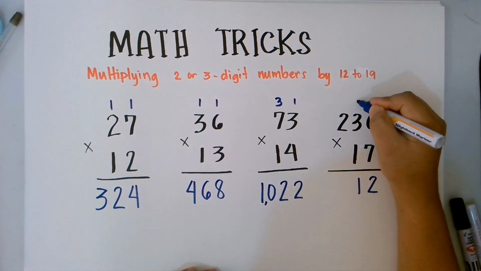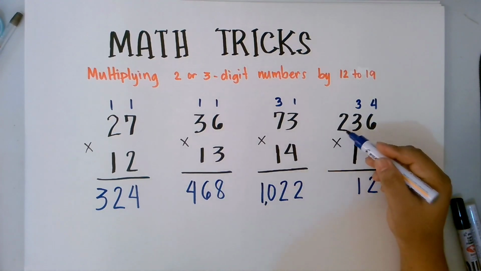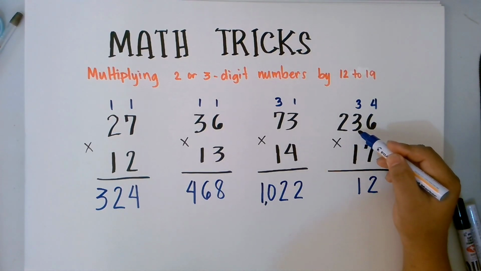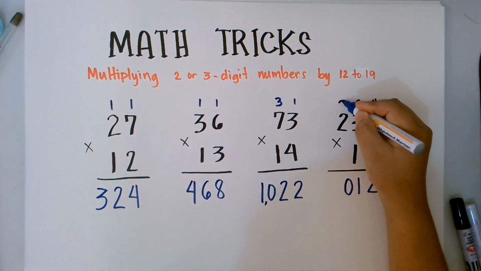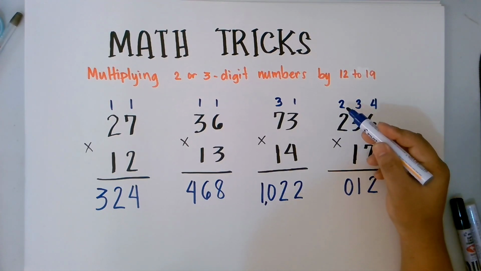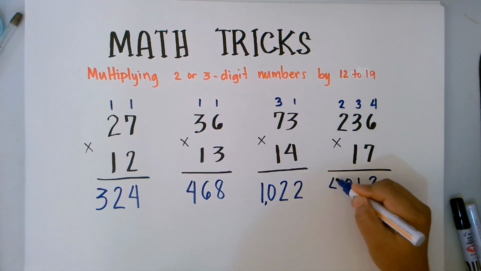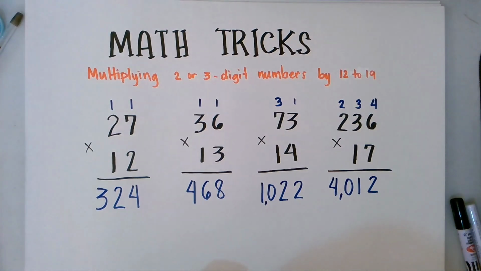So 1 and carry 3 sa second digit. Okay, then 2 times 7, of course 14, plus 3, 17, plus 3, that's 20, then carry 2. Okay, then 1 times 2, of course 2, plus 2, then 4. So therefore the product is 4012. Then there you have it. Ang dali lang, di ba? So I hope you enjoyed this.